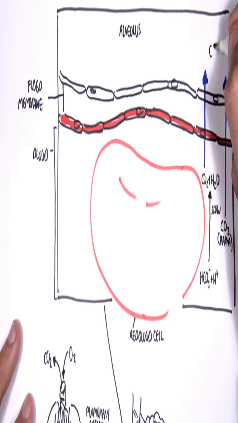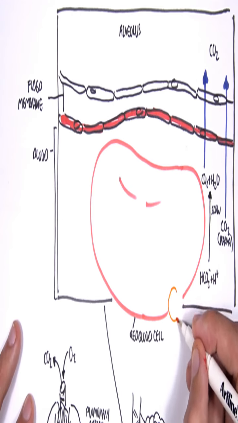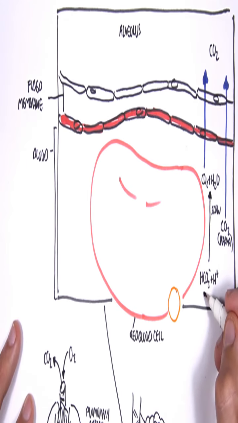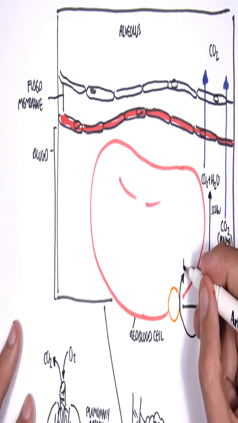The carbon dioxide can then just enter the alveolus. Of course, a lot of this bicarbonate in plasma can actually enter the red blood cells through a transporter, which will bring out chloride ion in exchange.